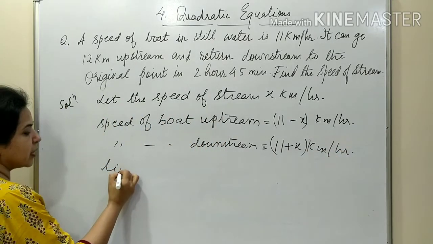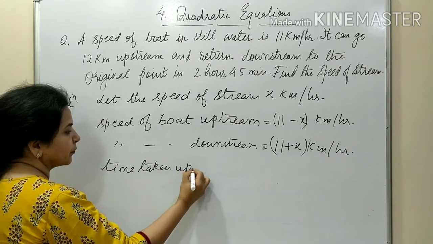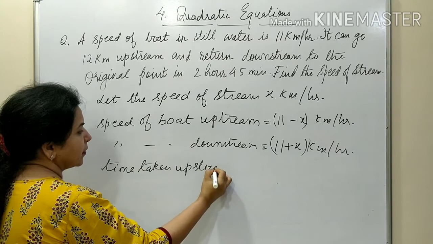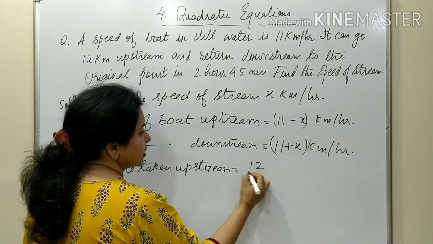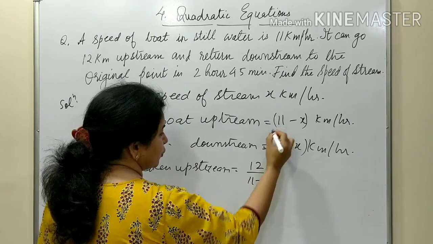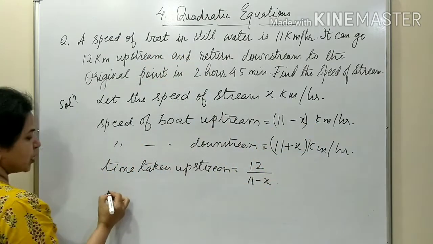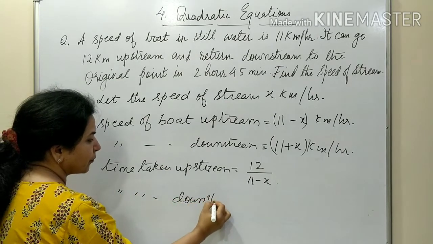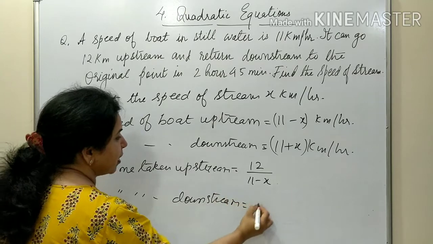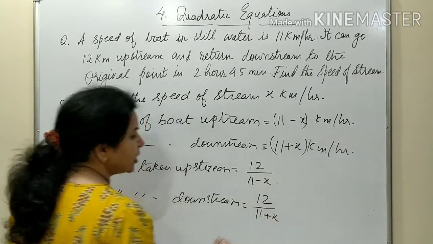So time taken upstream: we know that time is distance upon speed. Distance is 12 km, speed upstream is 11 minus x. Time taken downstream: the same distance is covered, so 12 is the distance and 11 plus x is the speed.